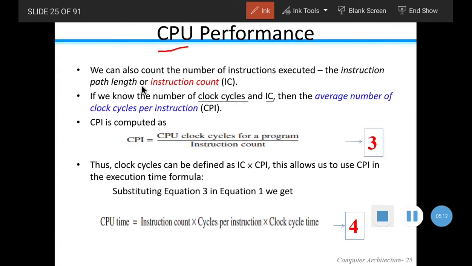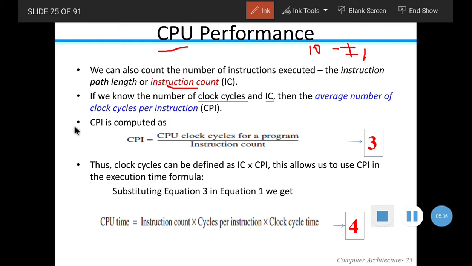Instruction count is nothing but the number of instructions executed. For example, if there are 10 instructions in our program, then instruction count is 10.